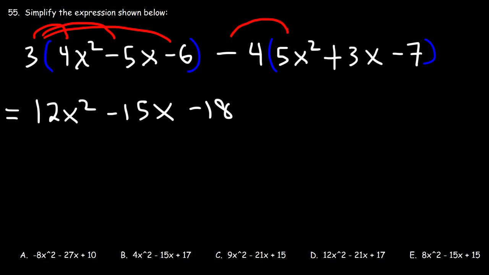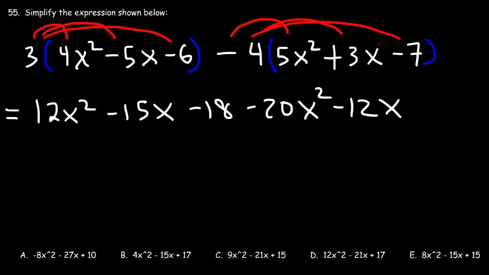Now, -4 times 5x squared, that's -20x squared. And then -4 times 3x, that's -12x. And -4 times -7 is +28.